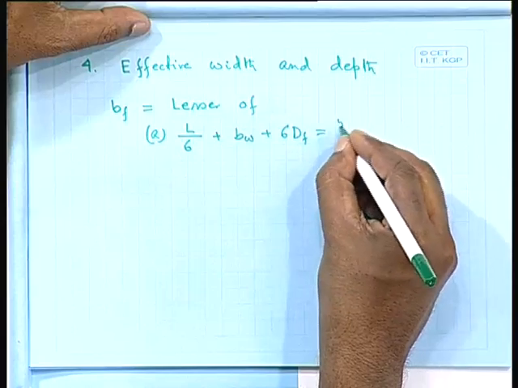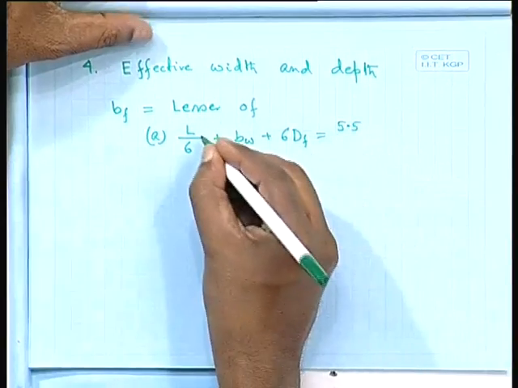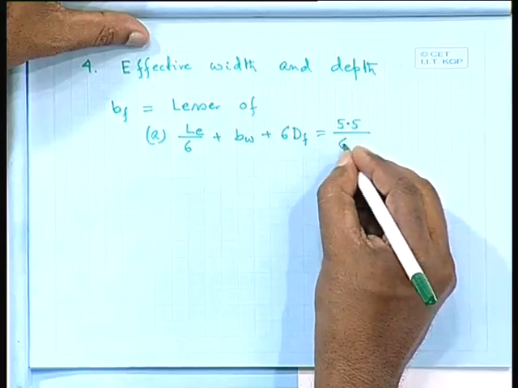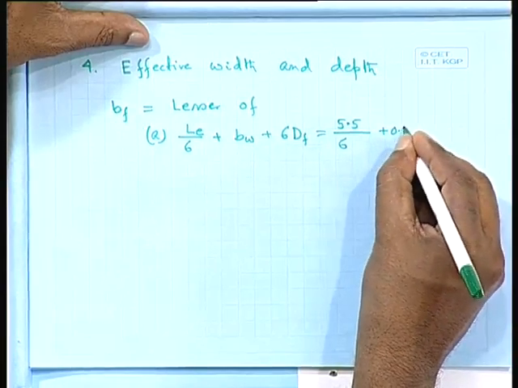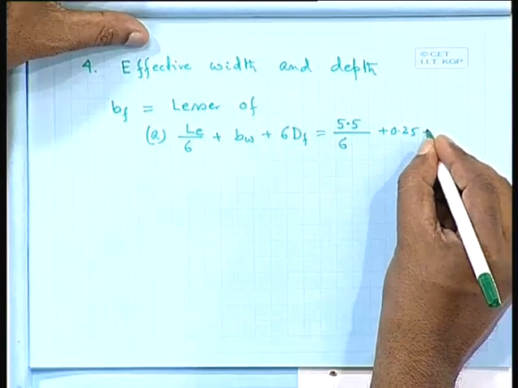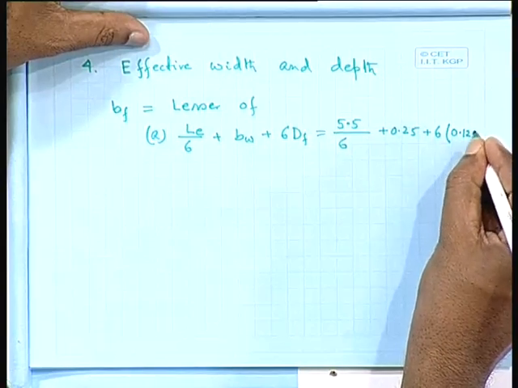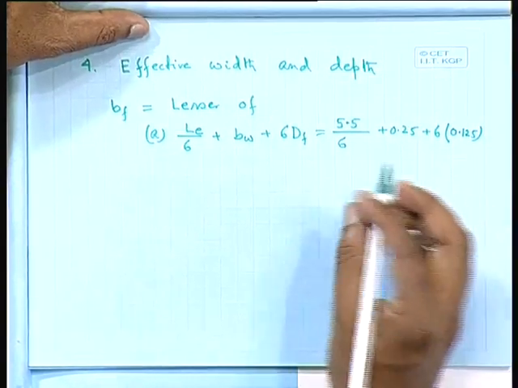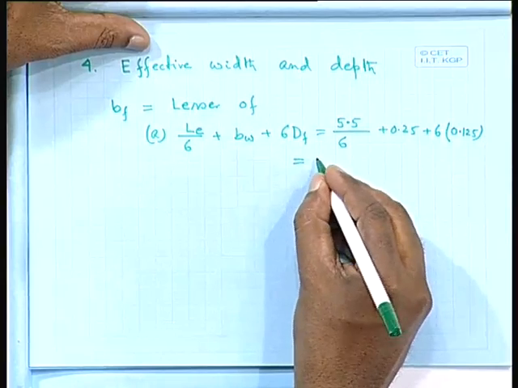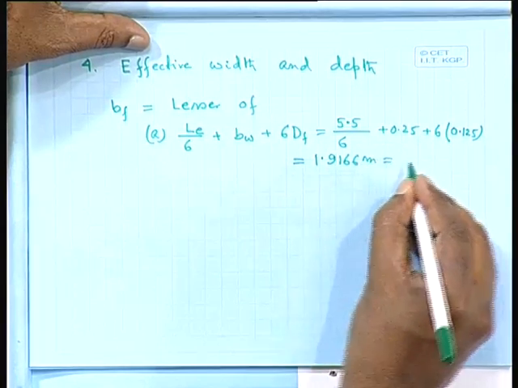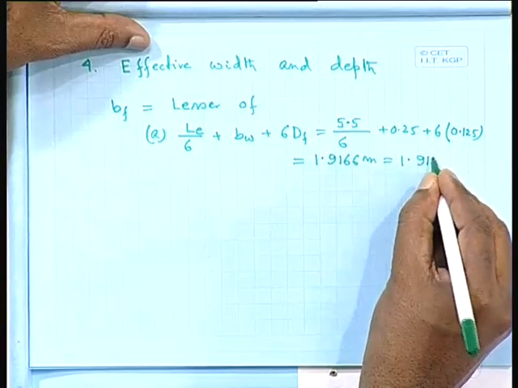which comes as 5.5, let us say Le here, divided by 6 plus 0.25 plus 6 times slab thickness 125 millimeter, which comes as 1.9166 meter. Let us take 1.917 meter.